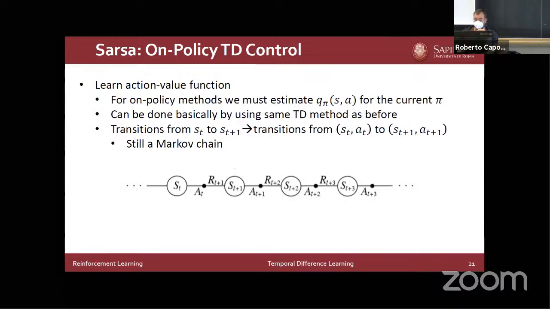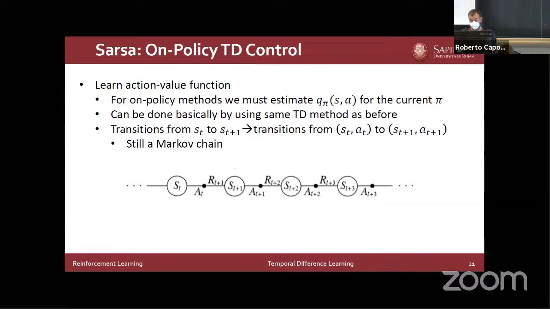In both cases, we're trying to learn an action value function. And of course, we use this action value function to estimate a policy. As you can imagine, given that SARSA is an on-policy method, we need to be epsilon-greedy in order to explore. So we need to estimate the value q pi of a certain policy.